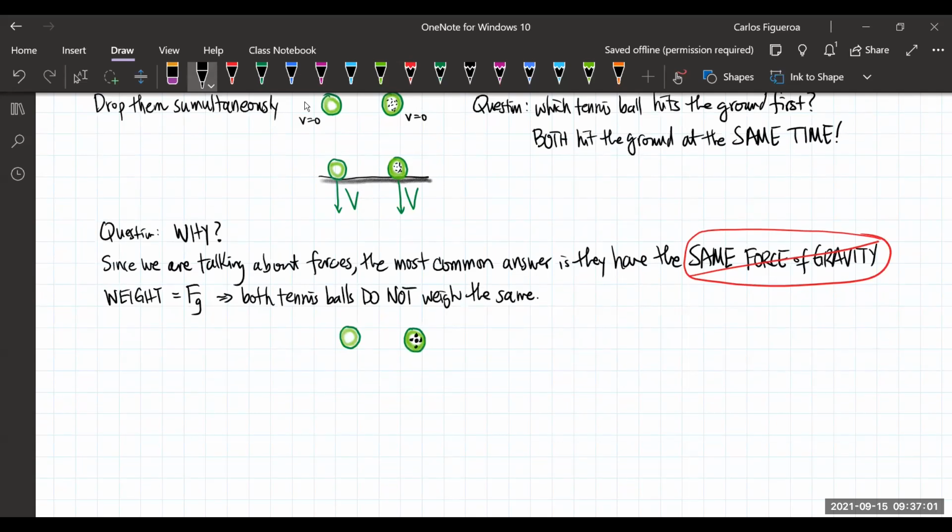So this one has a smaller force of gravity, smaller weight, and this one has a larger force of gravity. So the force of gravity is not the same on each tennis ball.